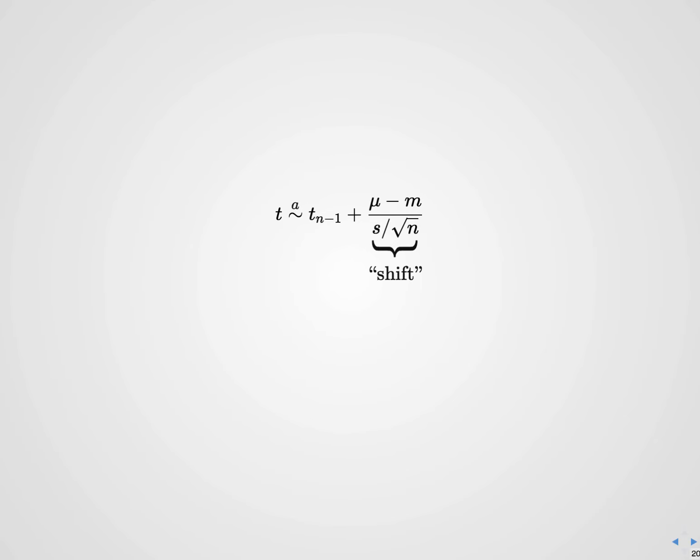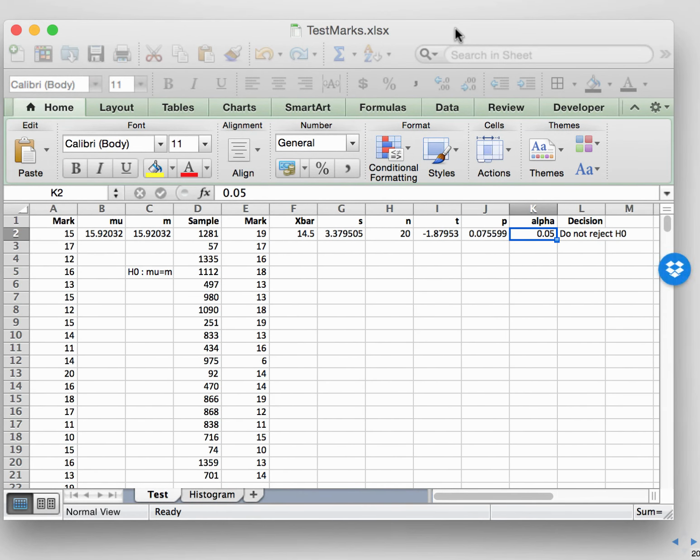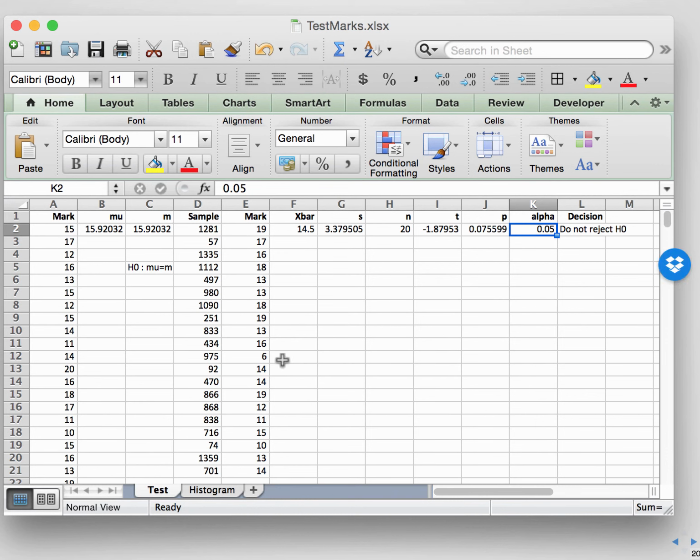We can see a little bit of this in this spreadsheet. This is where we left off in the first part of the lecture, where we were testing the null hypothesis that mu was equal to m, where m was set equal to the population value. So in this case, the null hypothesis is true. Let's change that.